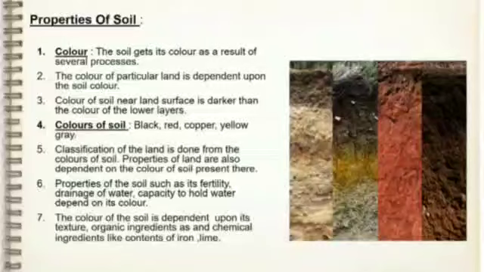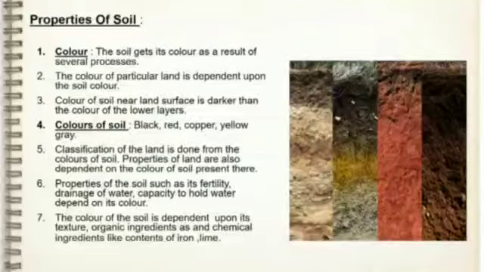The color of soil near the land surface is darker than that of the lower layer. Soil may be of different colors such as black, red, copper, yellow, grey. The colors of soil are useful for its classification. Besides, they are indirectly useful in indicating several properties of the land.